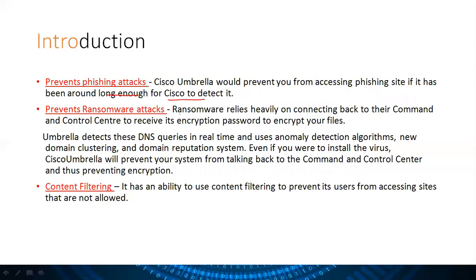It can also prevent ransomware attacks, because once the user is infected, ransomware will try to connect back to the command center server, and if the DNS query to that command center server is fishy, it also uses complex algorithms to detect whether the reverse connection the script is trying to make is safe or not, and accordingly it will block it.